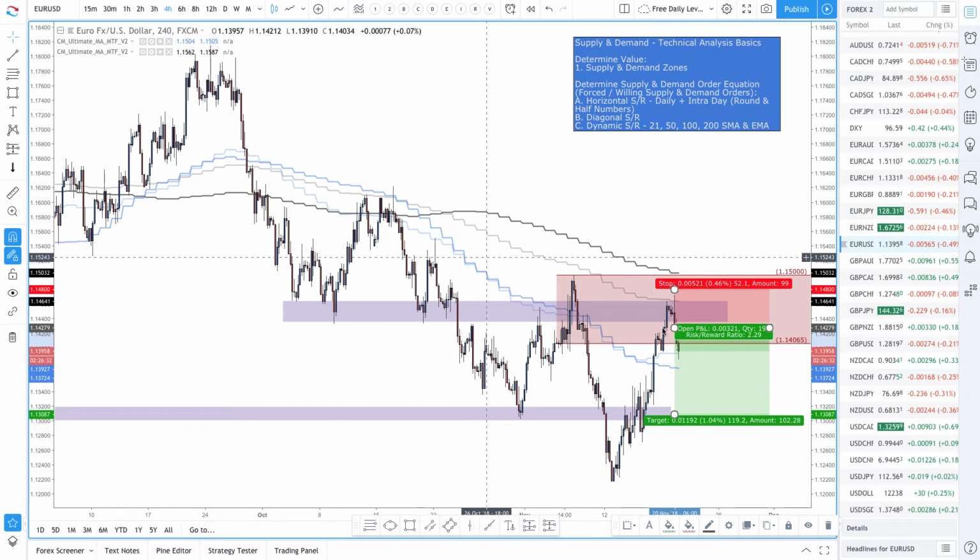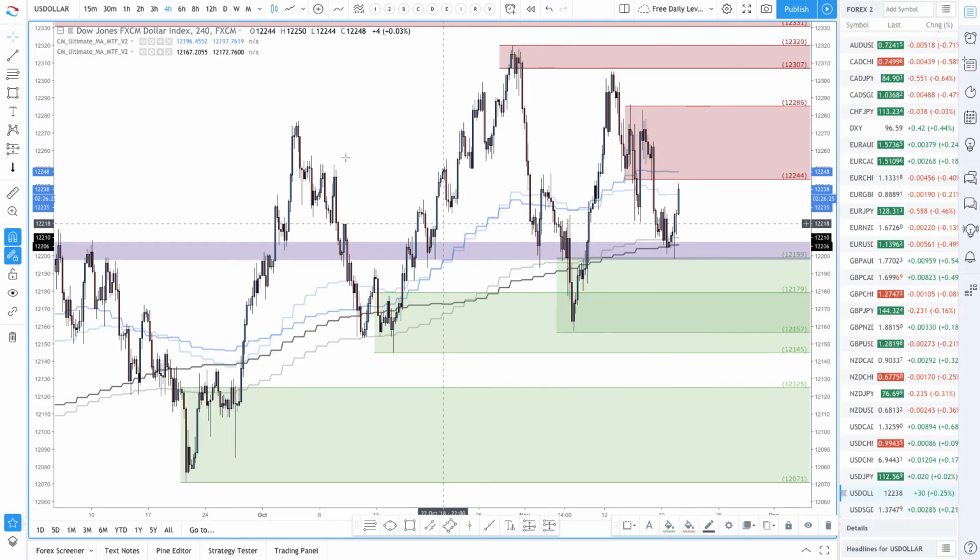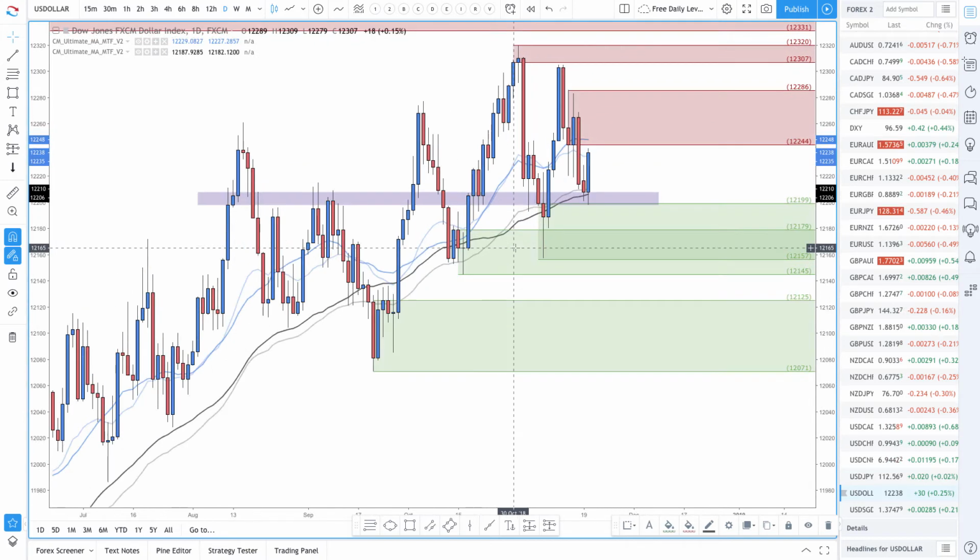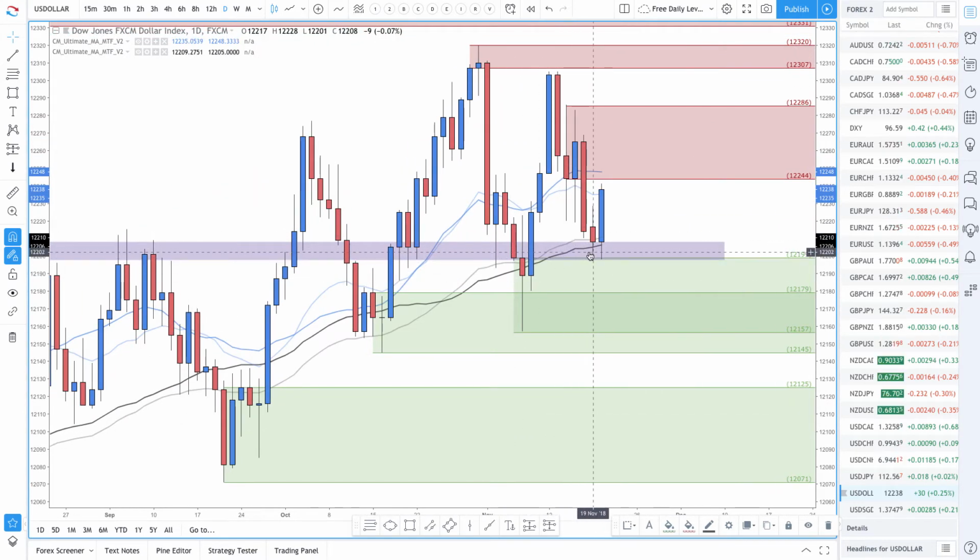What we also had going for this trade, and something that I tend to go over in the weekly videos, is the Dow Jones Dollar Index. On the daily time frame, in my weekly videos that I go over every Sunday, prices did come down into the top of this demand zone.